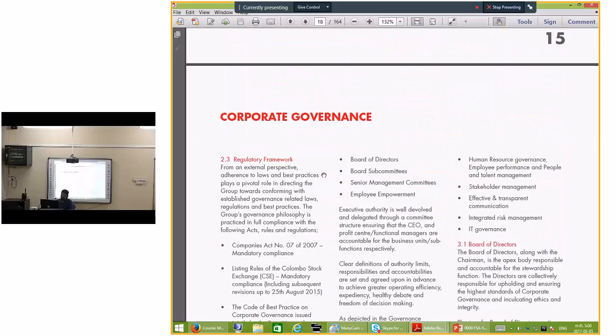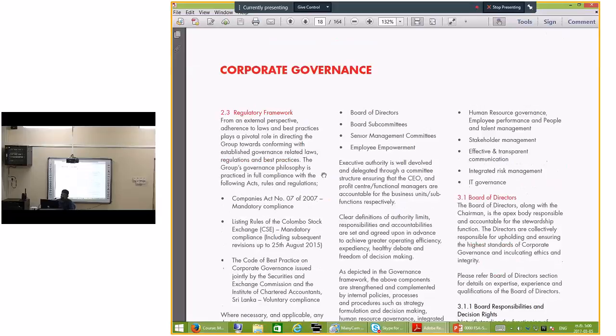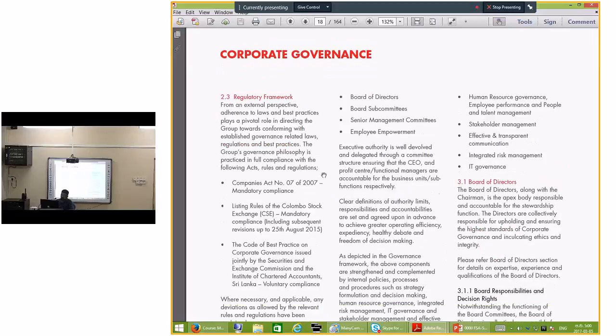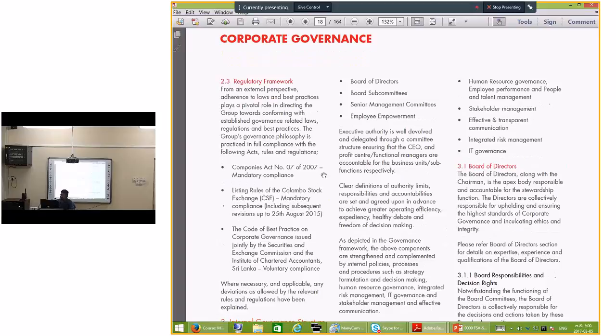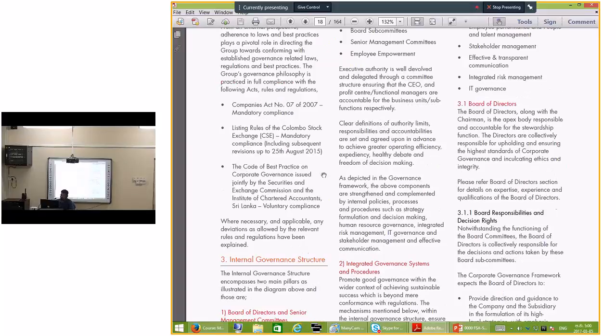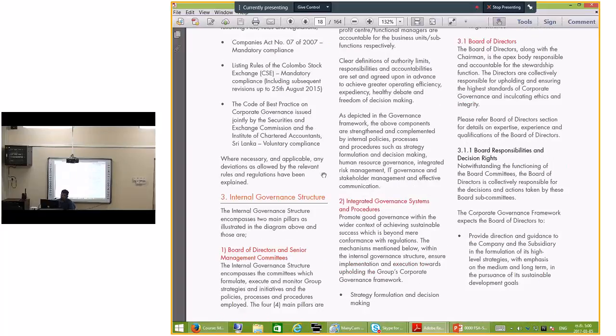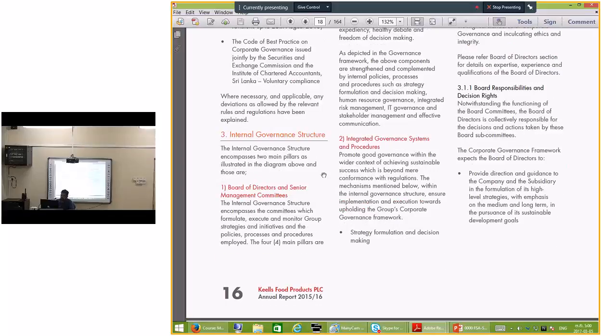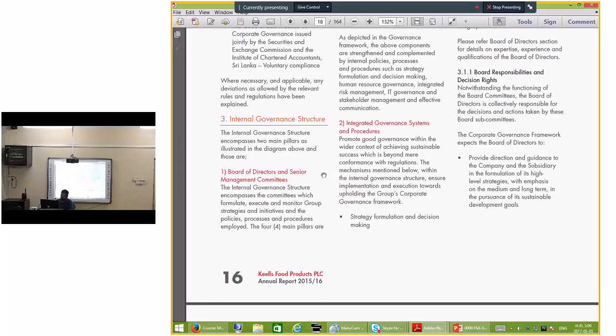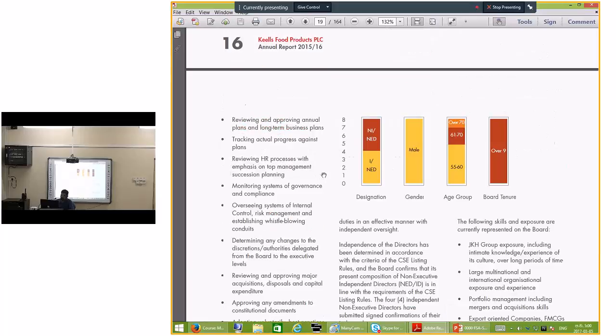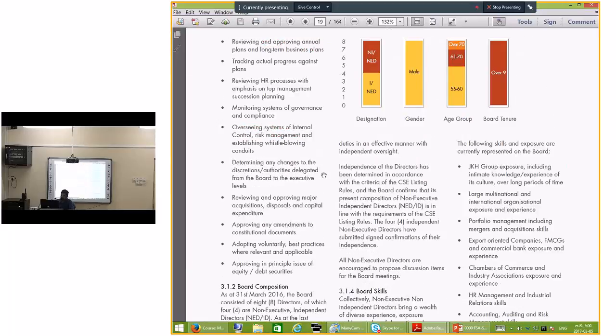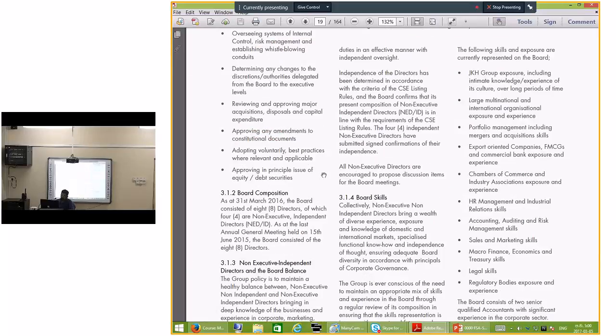of that organization. Then corporate governance details, regulatory framework, those regulations and acts, and internal governance structure and methodology, it is given. Then board composition.